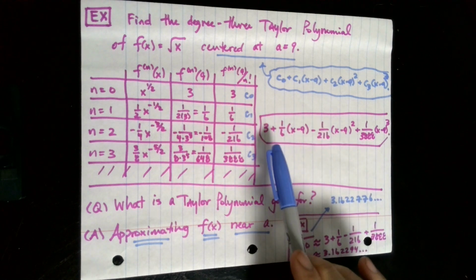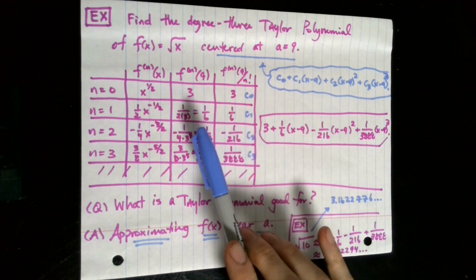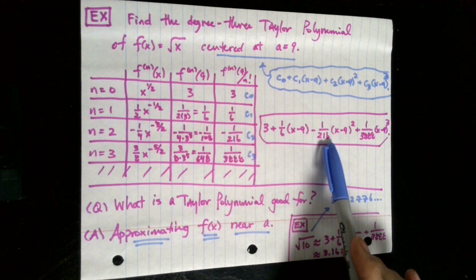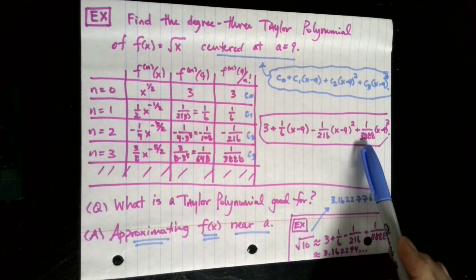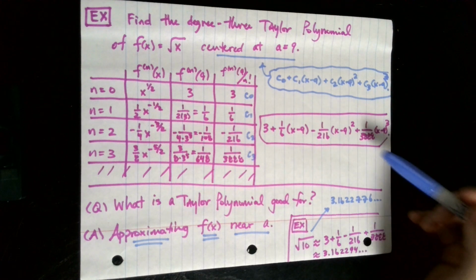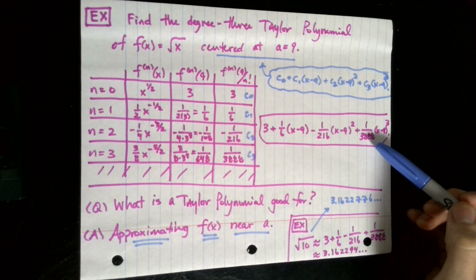So this function has the same value as our function. This function has the same slope as our function. This function has the same concavity as our function. This function has the same, whatever the third derivative describes in terms of the shape of the graph of the function. It has that same character with respect to the third derivative.